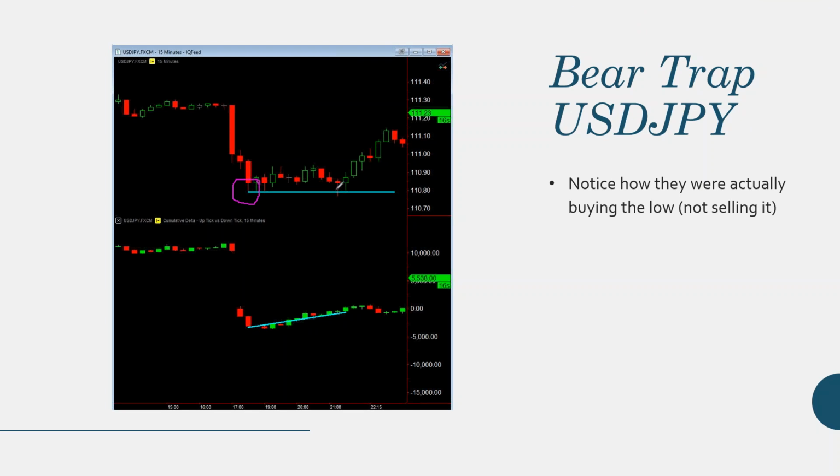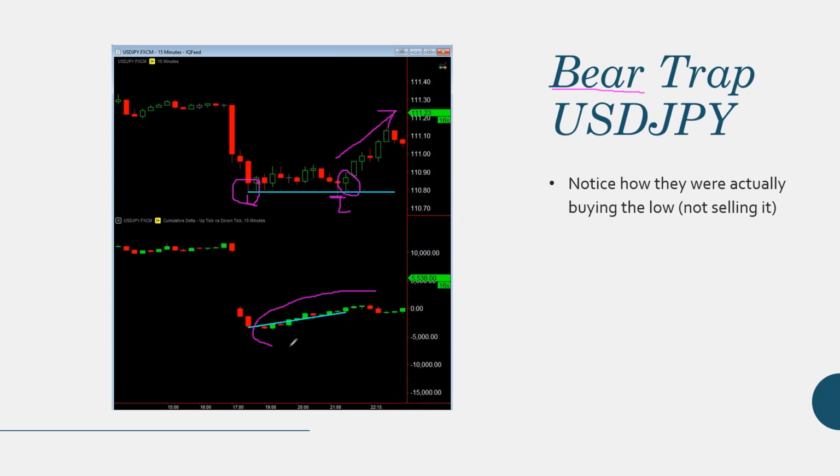If it comes back to that low and penetrates it like it did here, but then forms a reversal bar to the upside, more than likely you have a trap, okay? Because this happened on the lows, this is known as a bear trap. The true intention was to take the market up, not down.